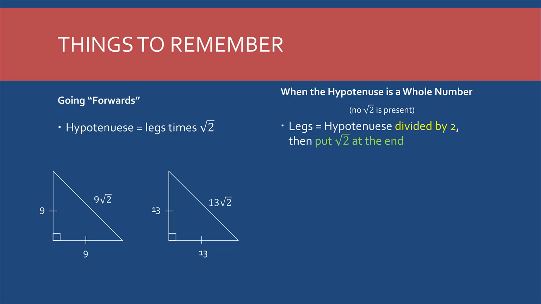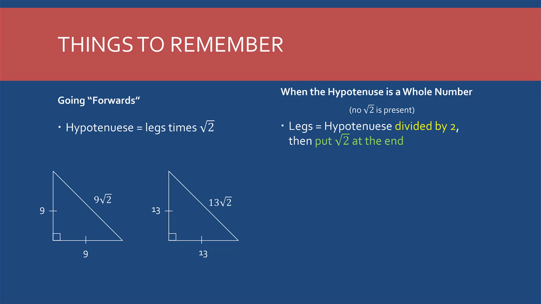Again, this is the most common shortcut way we are going to be looking at 45, 45, 90 triangles. But we will occasionally have when the hypotenuse is a whole number, so the side on the right of this screen. When that happens, that means we don't have the square root of 2 present in our hypotenuse.